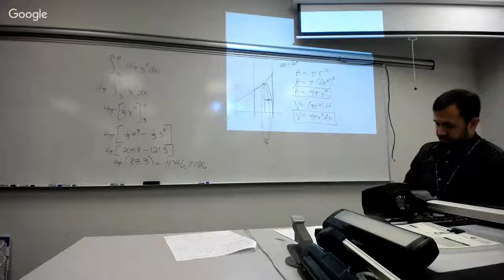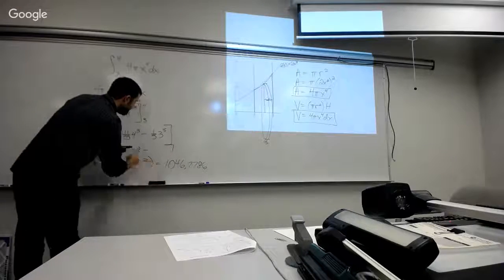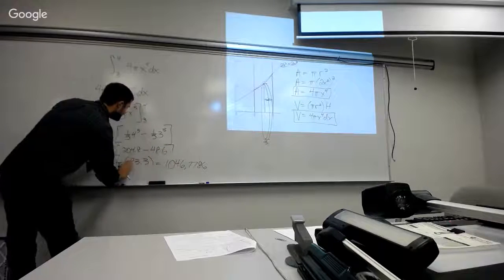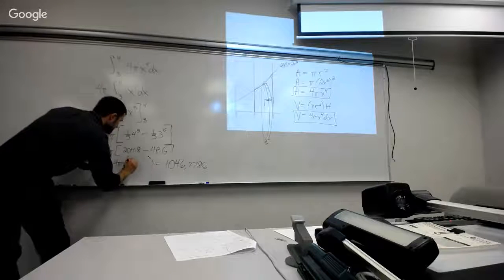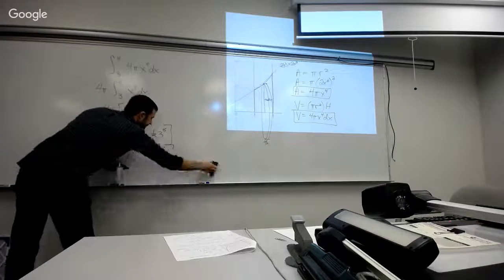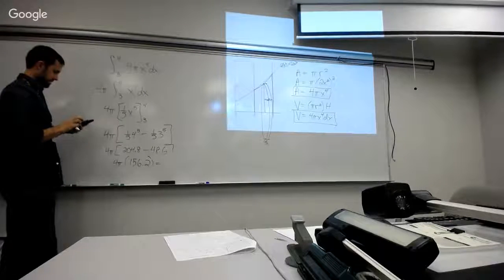Oh, so then that would make a difference. 1/5 times 4 to the 5th, 204.8, and then 1/5 times 3 to the 5th, 48.6. That'll make all the difference. When I subtract those, I get 156.2 times 4 pi.